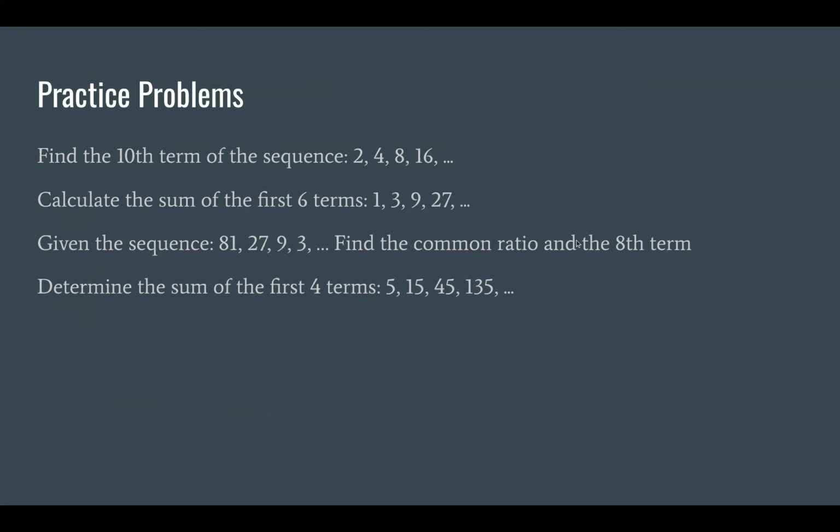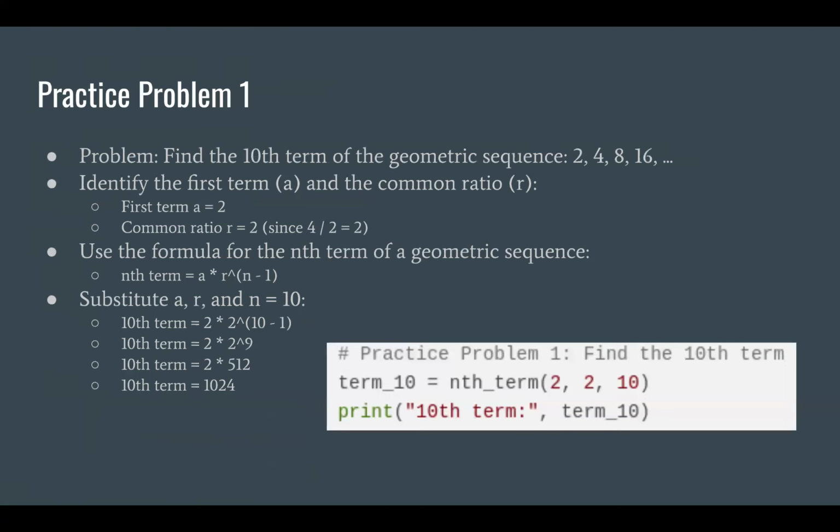We have some practice problems. Practice problem 1: find the 10th term of the geometric sequence 2, 4, 8, 16. In order to solve this, you want to first identify the first term and the common ratio, and then use the formula for the nth term of a geometric sequence, which is A times R to the n minus 1 power.